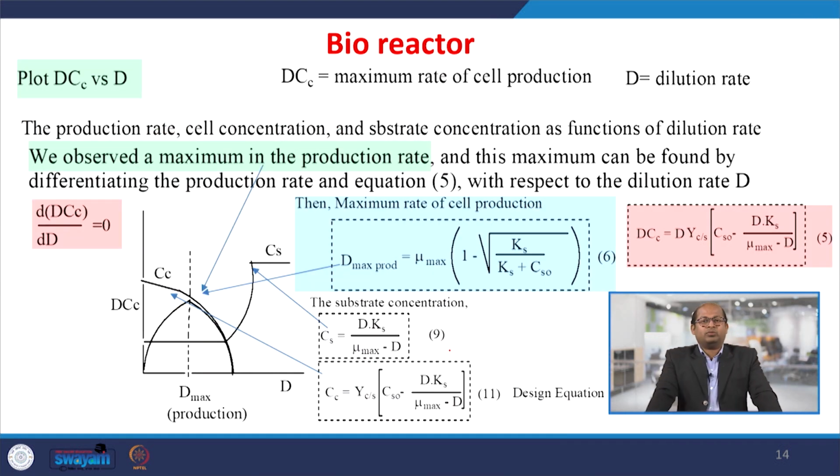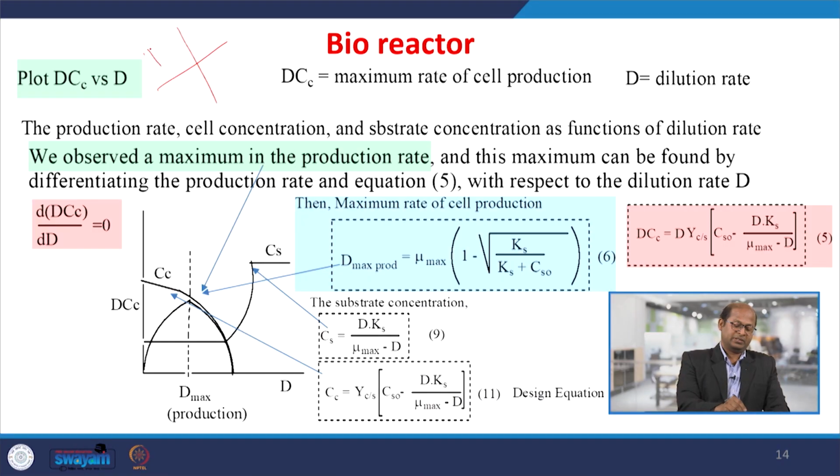Now suppose we have a bioreactor and inside the reactor we are doing the cell reactions. We have data from the experiment, dCc, and d we can control, where d equals V naught by V. At different volumetric flow rates, we can find different dilution rates, 1, 2, 3, 4 and so on. If we set a particular run d equals 1, we get a dCc value.